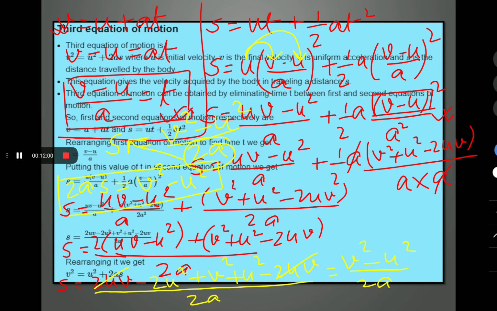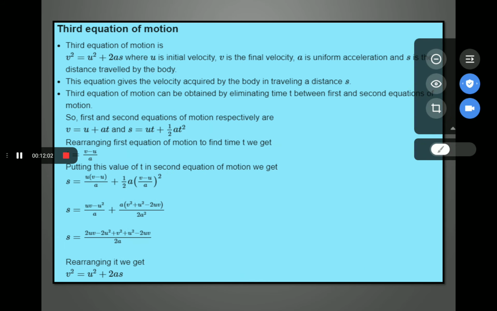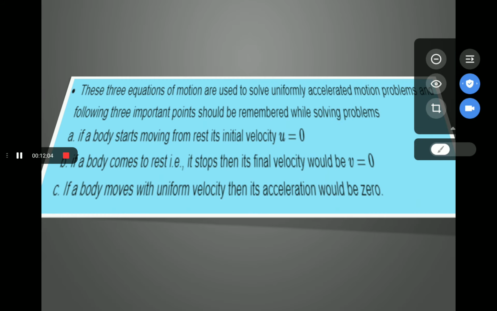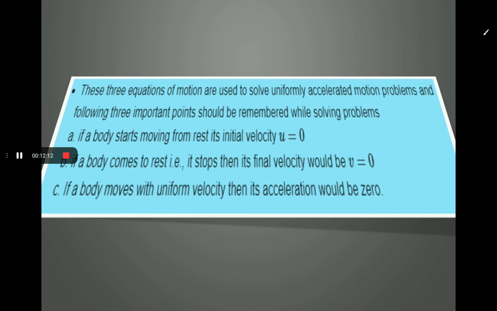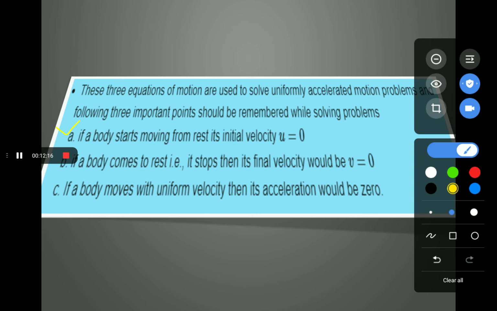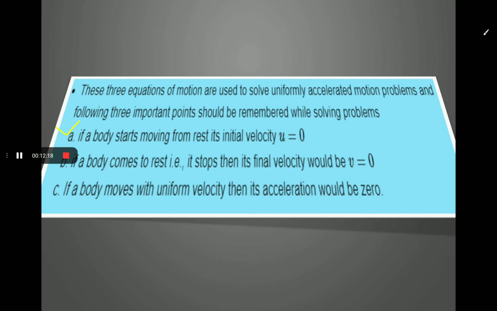After solving all three equations of motion, in the next slide there are three most important points which you have to remember, because they are very useful while solving numericals. The first point: if a body starts moving from rest, it means the object is initially at rest, so its initial velocity is equal to 0.